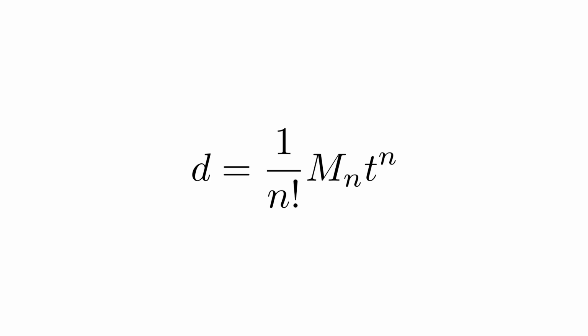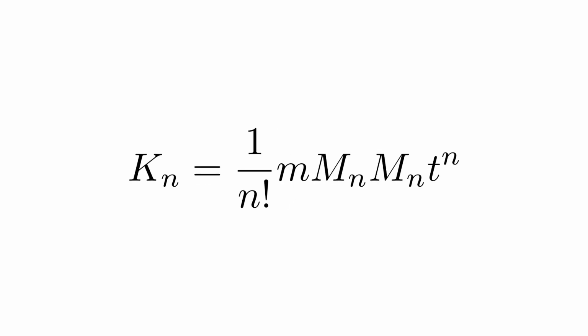If we then substitute the result of the integral and the force formula in the energy formula, we get energy of order n equals 1 over n factorial times mass times motion of order n times motion of order n times time to the n.